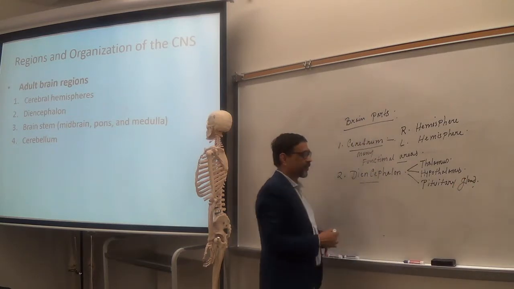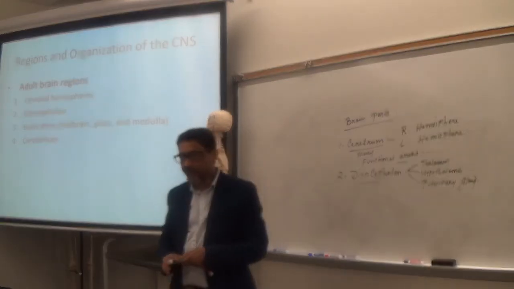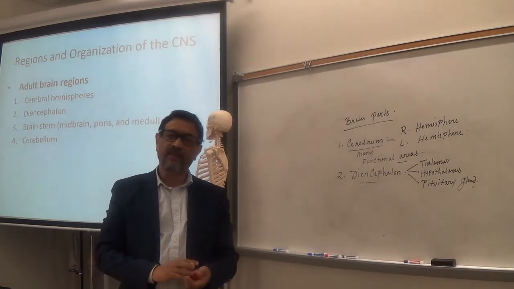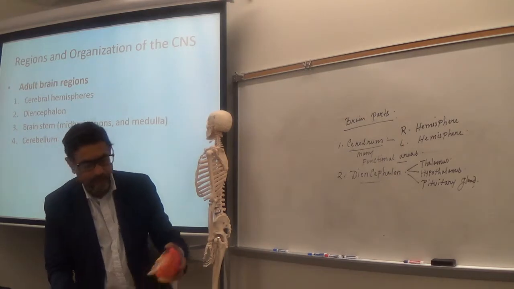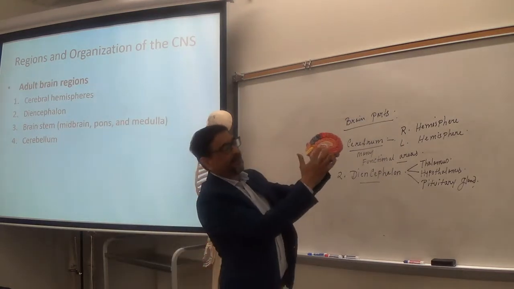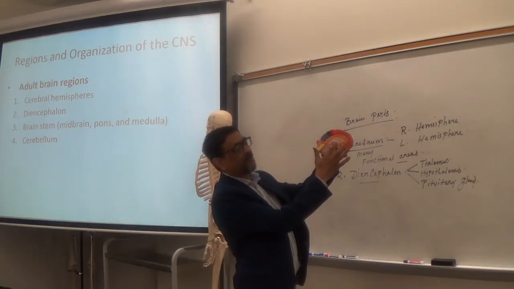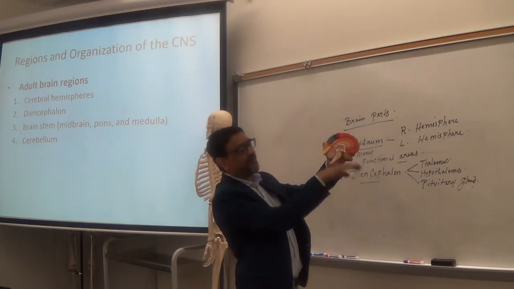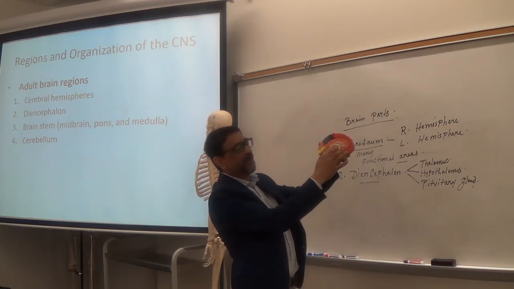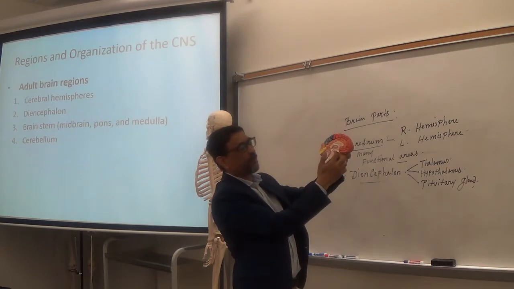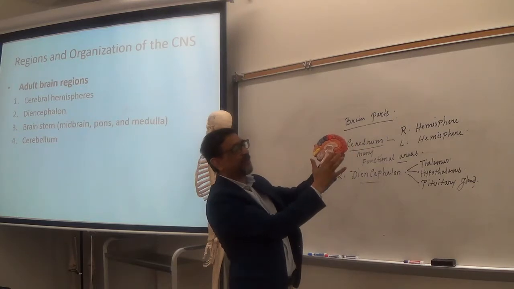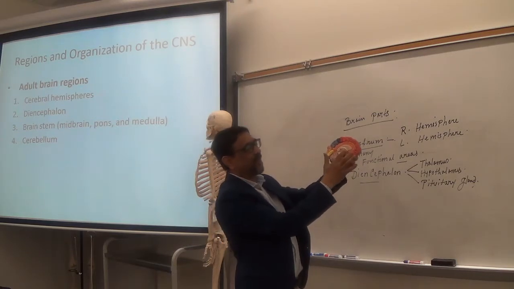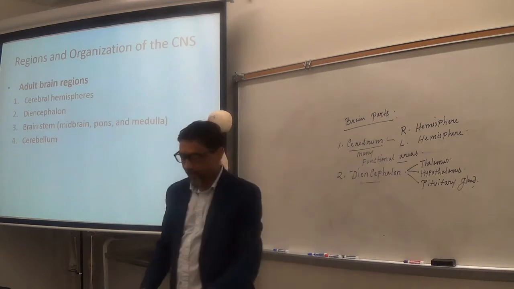So those three important structures belong to the diencephalon. Okay. Let me show you. This part is called the thalamus. This is the hypothalamus, hypo, below, and the pituitary gland is not shown here, it is here. So thalamus, hypothalamus, and below the hypothalamus you have the pituitary. So this part is the diencephalon part. Okay.